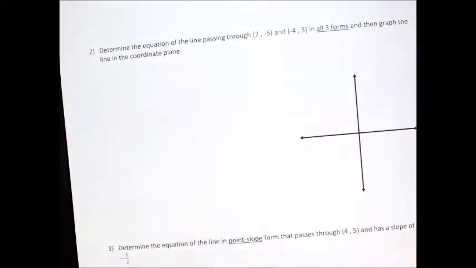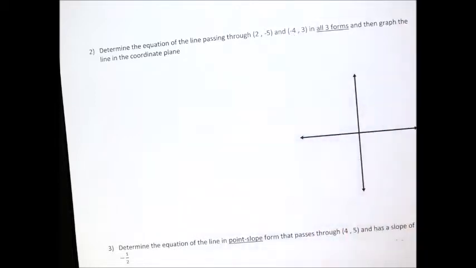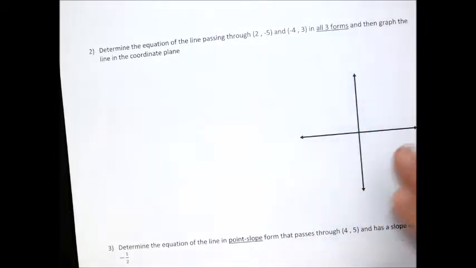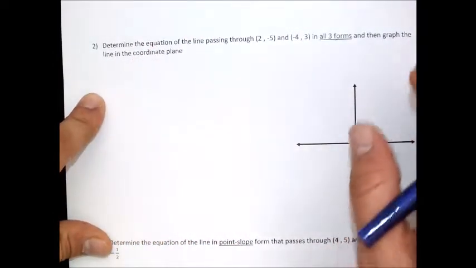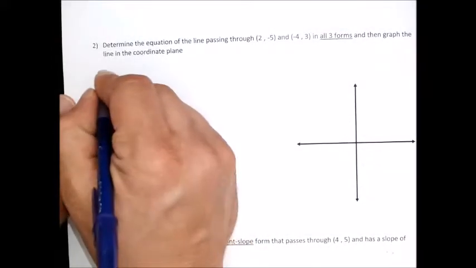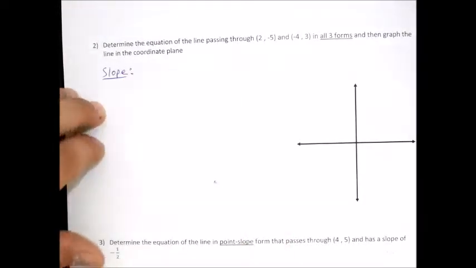Number 2 says, let's find the equation of the line that passes through these two points, (2, -5) and (-4, 3), and we'll write it in all three forms, and we'll graph it. The first thing we need is a slope. Anytime we want the equation of a line, we need a slope. So let's find out what the slope is, and we're going to use the slope equation.